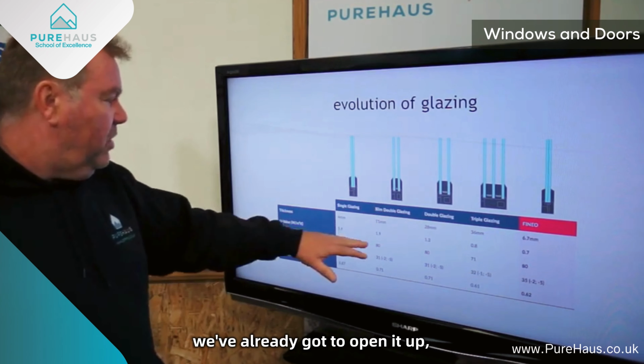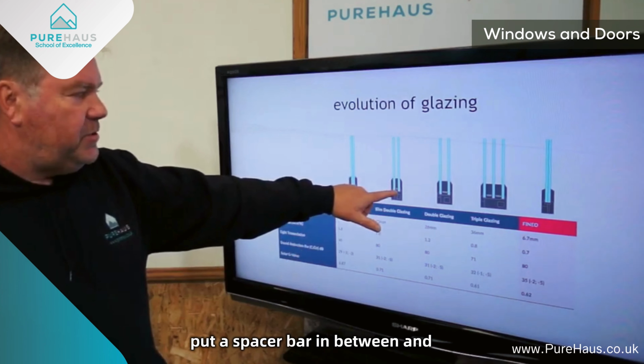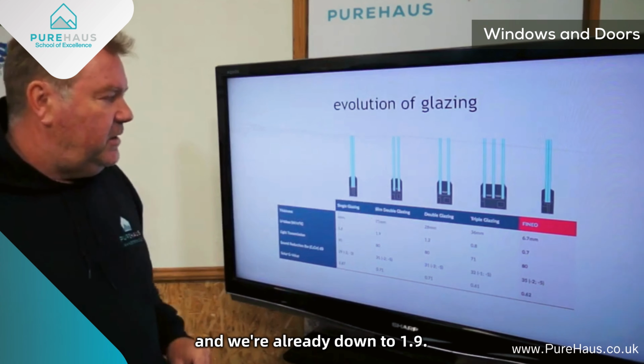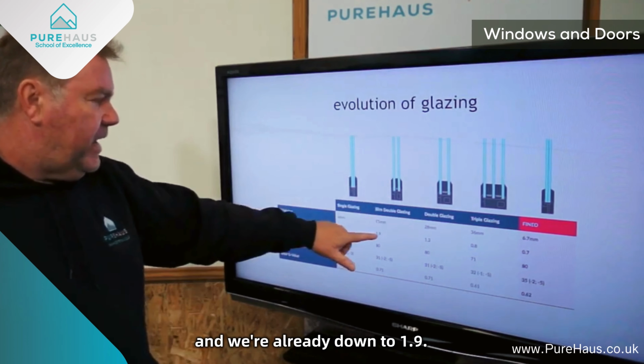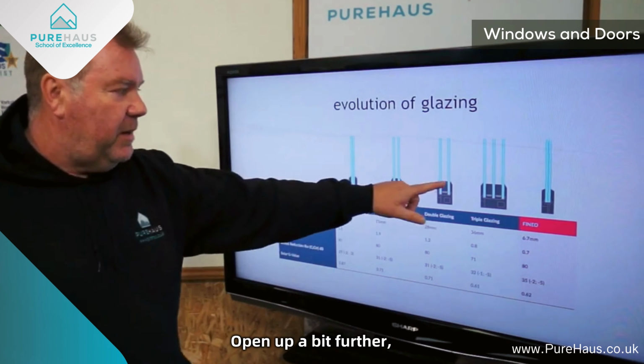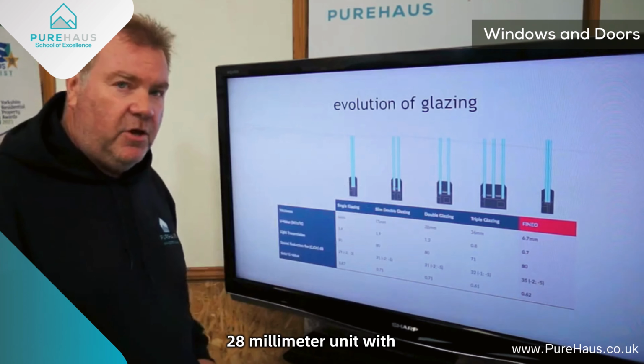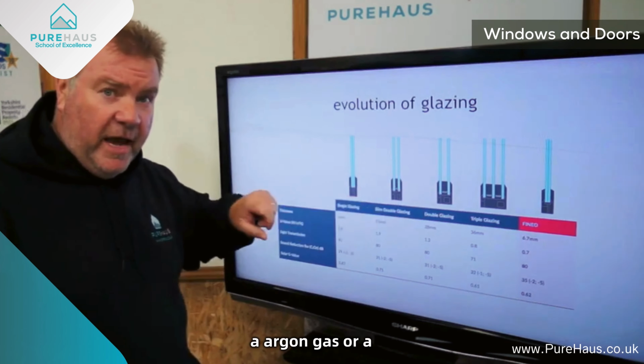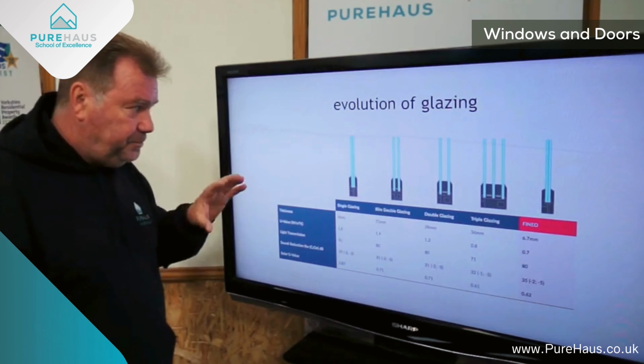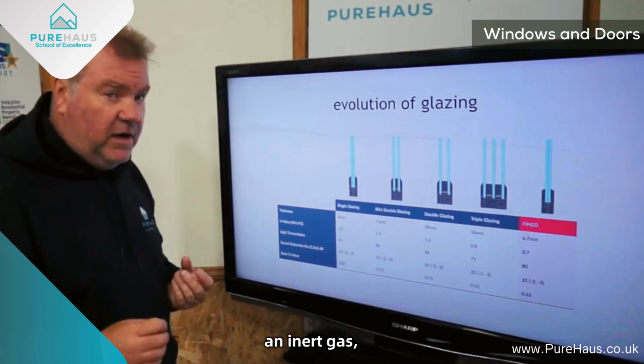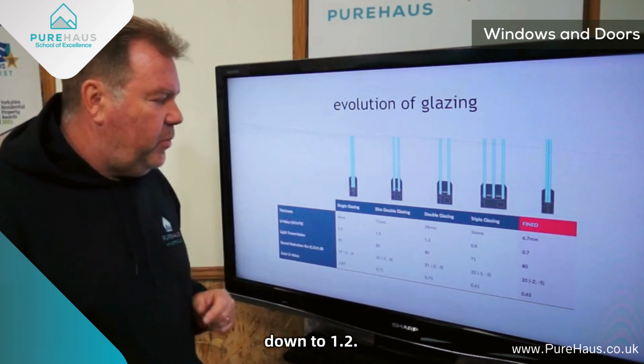Now, we've only got to open it up, put a spacer bar in between, and we're already down to 1.9. Open it up a bit further, 28mm unit with an argon gas, an inert gas in between, down to 1.2.